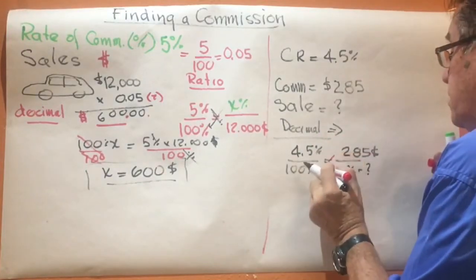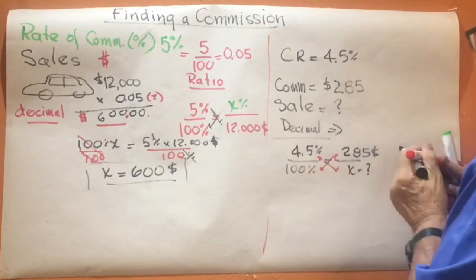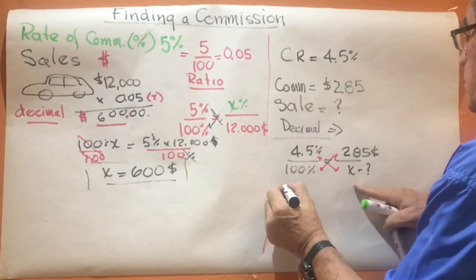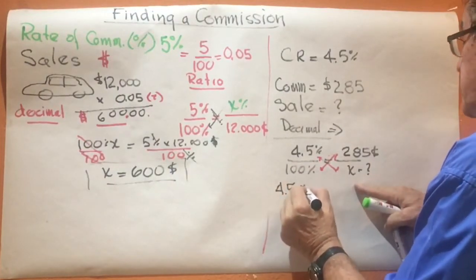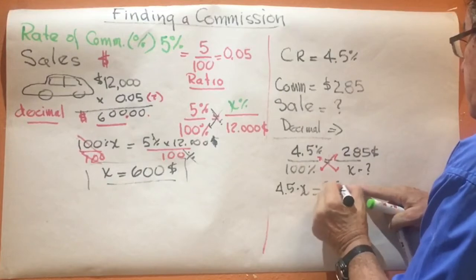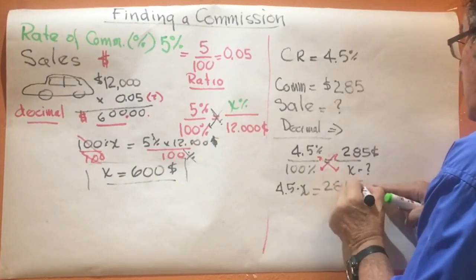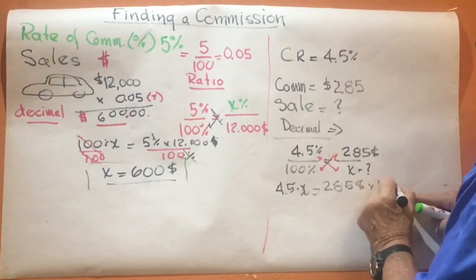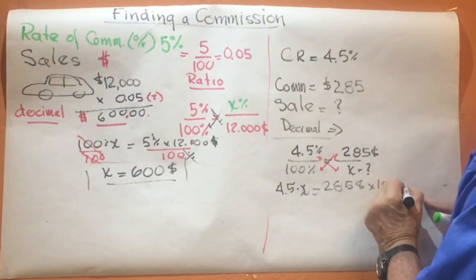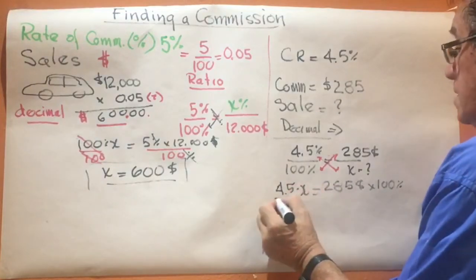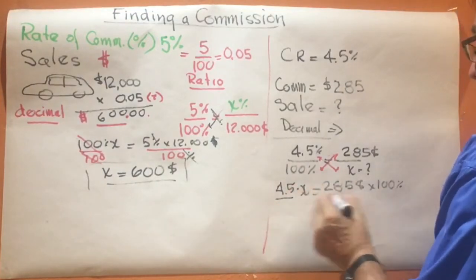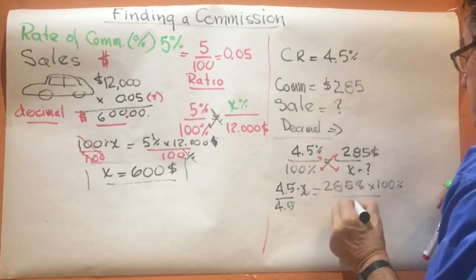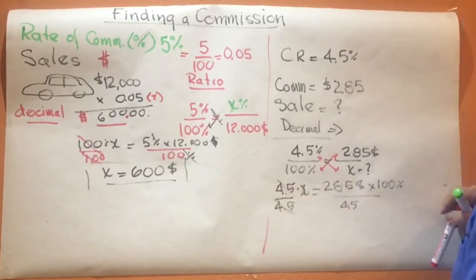And then, decimal and ratio could be very similar. We can do the cross multiplication, and we have 4.5 times x equals $285 times 100%. Okay? Well, we have to isolate x by dividing by 4.5 on both sides, and then we cancel out.